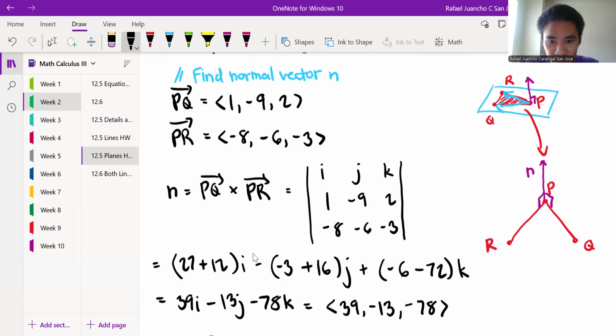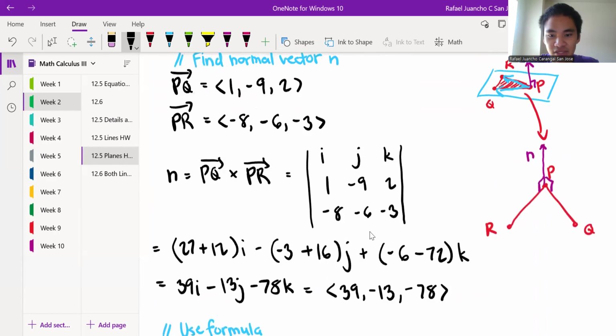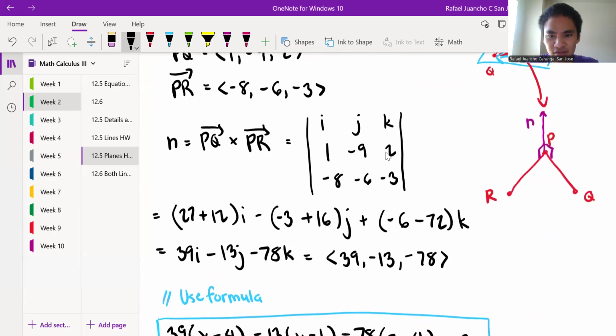27, 12. So it's positive, negative. That's why it's positive, because minus -12 is positive. I take out the j, I get -3 minus -16, so that's positive 16. And lastly, we take out the k, so we have 1 times -6, minus 6 times 72, so that's minus positive 72.